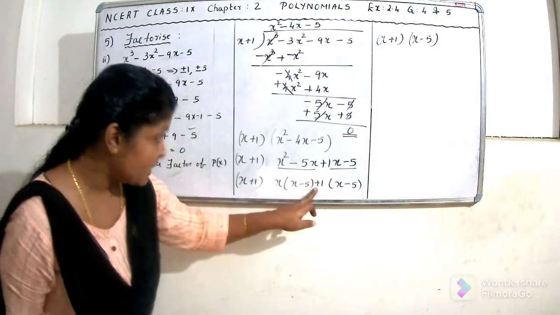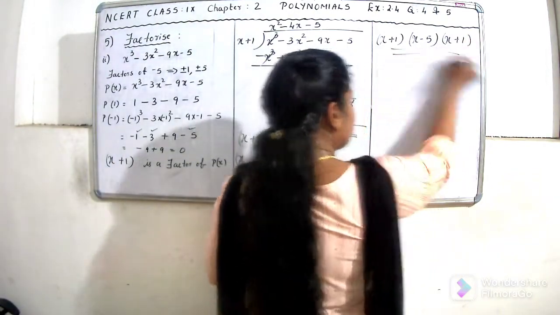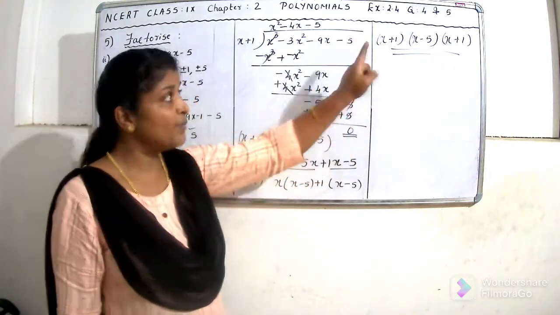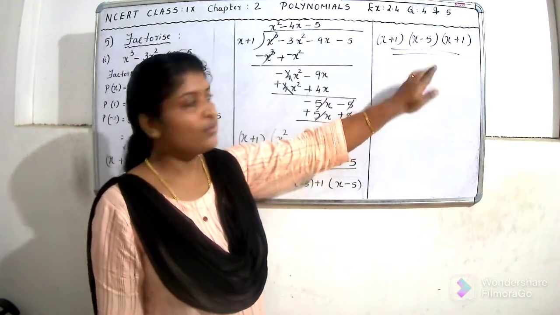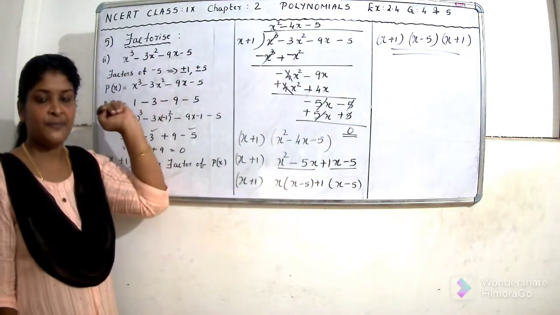Again x plus 1 came, so x plus 1 is the third factor. Okay, these three in any order you can write, no problem, but these three itself have to be written. So these three are the factors for this given polynomial.